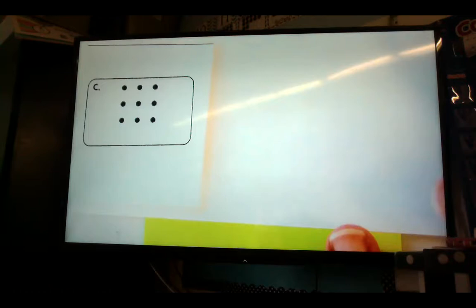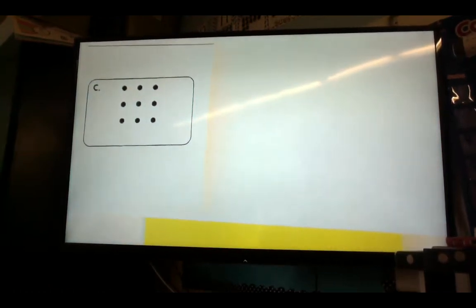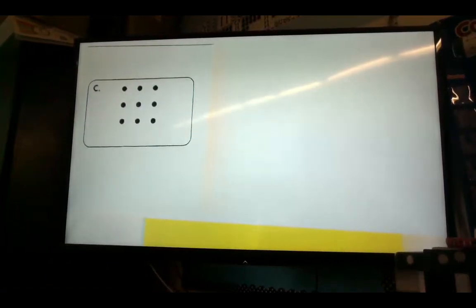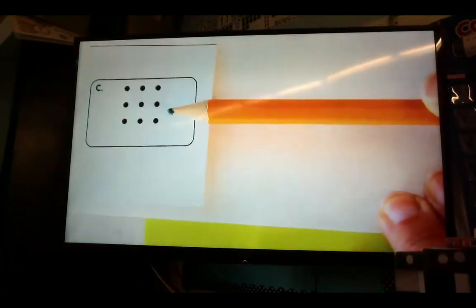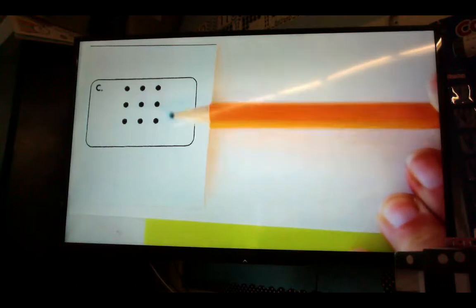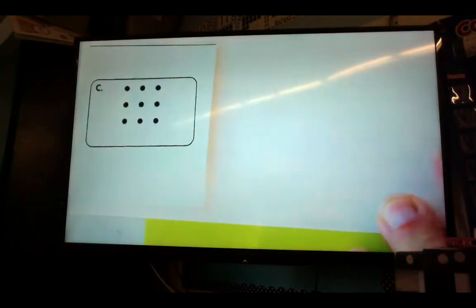Let's look at it together. You might have said, I see 9 dots. If you did, pat yourself on the back. You might have said, I see 3 dots on the top, 3 dots in the middle, and 3 dots on the bottom.